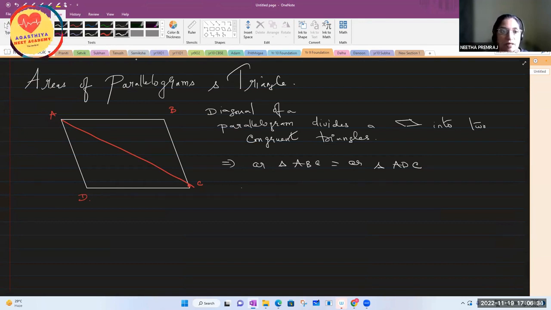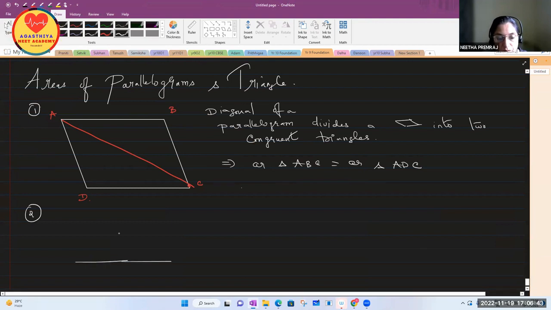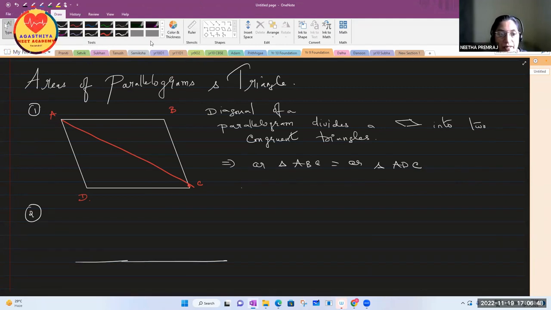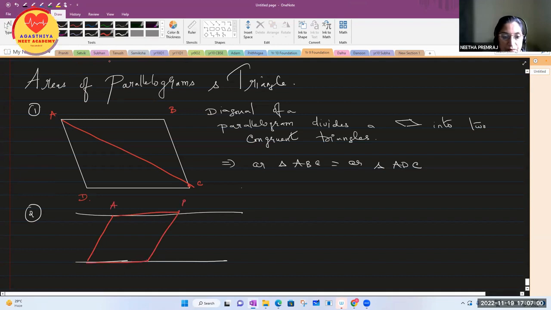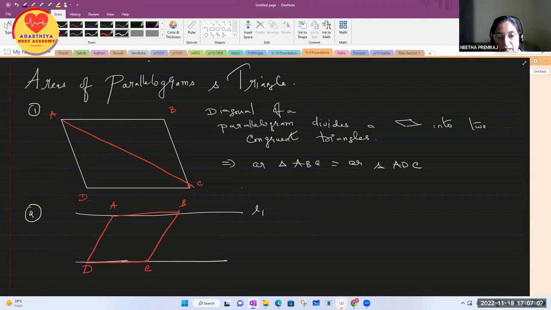This is one concept you should know. The second concept: there is a line. There are two parallel lines. Then there is a parallelogram. ABCD is the parallelogram. L1 and L2 are parallel lines.